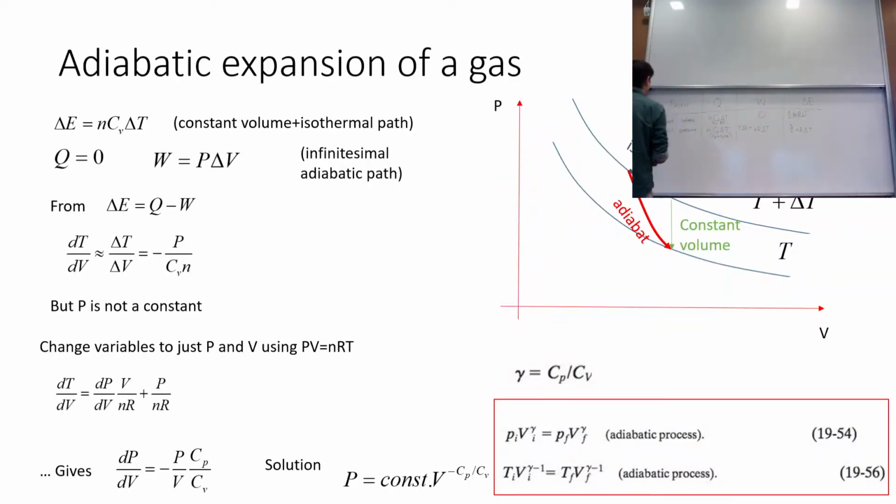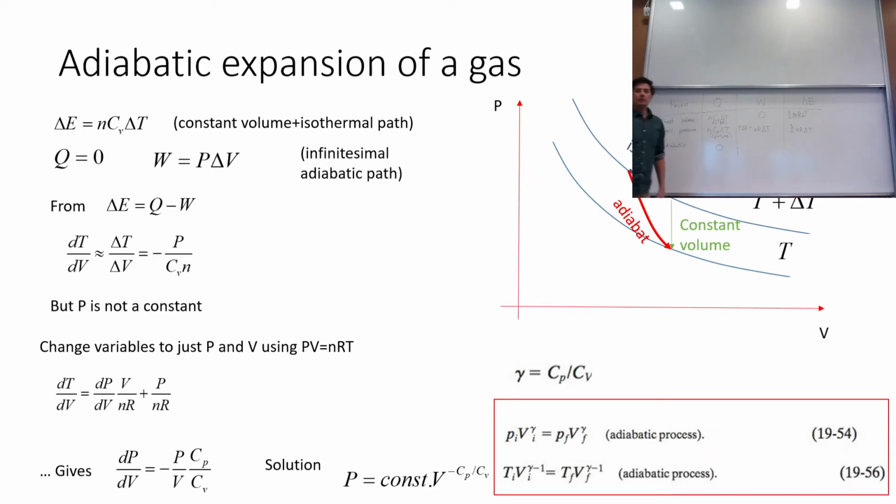And what I didn't really write in this slide is that for an adiabatic relation, by definition, the heat is 0. And in fact, we can have an expression for the work.